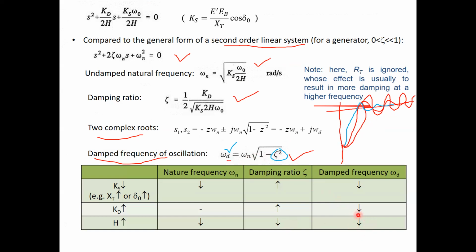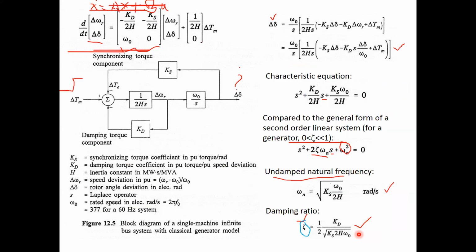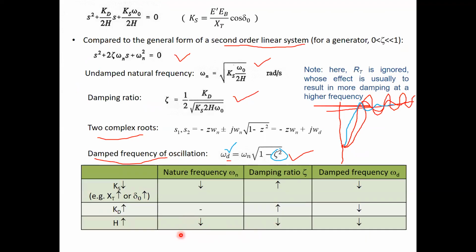Maybe I will check it again. Yeah, you have raised this point, but when I look at natural frequency, I have H increase, so it goes down. So this is okay, this is also right. But you talk about this one. We can take the example 0.1 and 0.3 and then check how it goes.